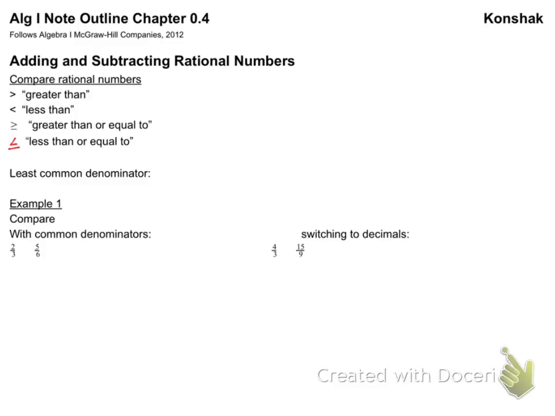So, we have a mouth that opens to the left and to the right with a line underneath it, and those are, starting from the top, greater than goes to the left, less than goes to the right, greater than or equal to, the or equal to part is the line underneath, and then we have less than or equal to.